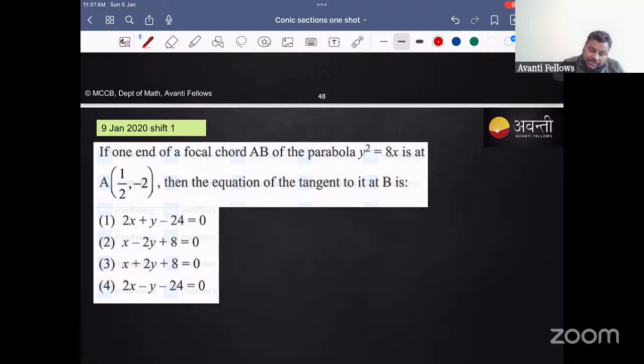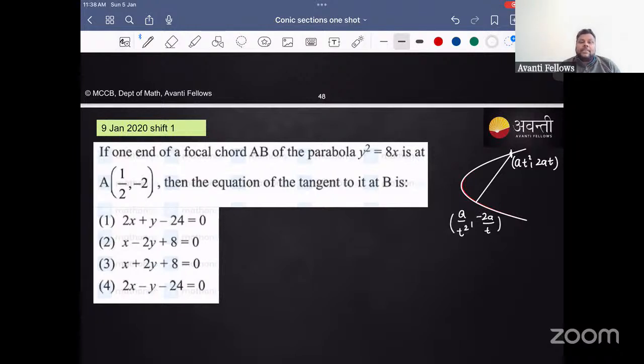Another thing is, say this is the parabola. If it is a focal chord, if this point is at square comma 2at, then this point is a upon t square comma minus 2a upon t. Got it? Means if t1, t2 are the ends of the focal chord, then t1 t2 goes minus 1.